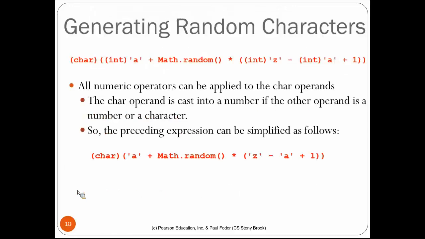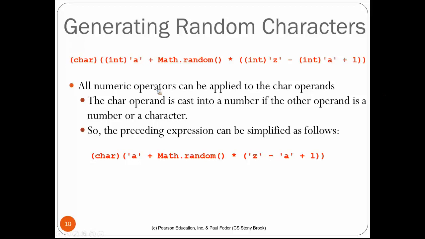What about if you want to generate random characters? You can consider that characters are encoded with the Unicode encoding of that character. So if you take that Unicode encoding as an integer, and you multiply the distance between z and a with Math.random, it will give you a random shift within the alphabet from the position of a. If Math.random was 0, then you get 0 multiplied with the range, which is 0, and you're getting the character for a.